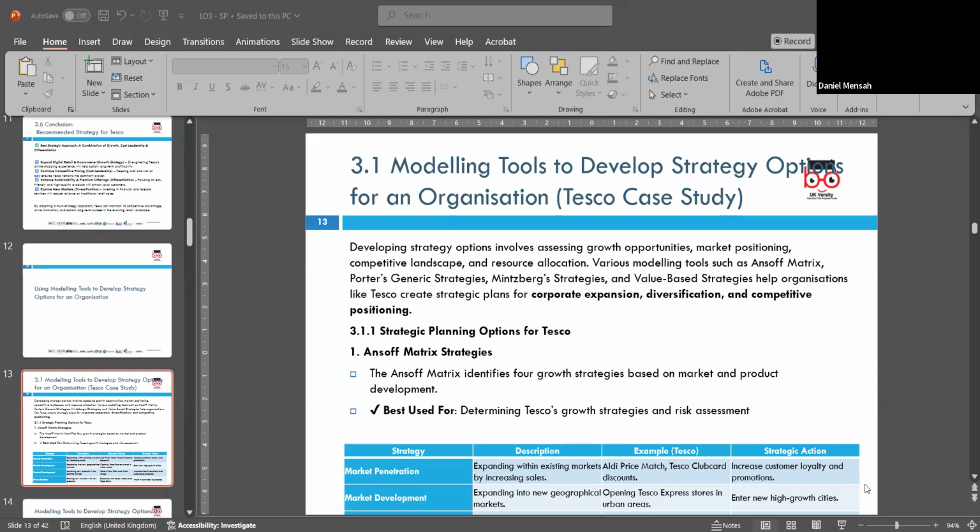Number one, these tools and approaches help us develop organization strategic options.